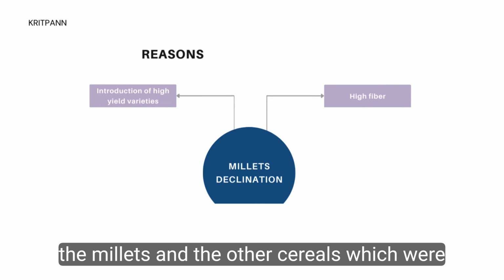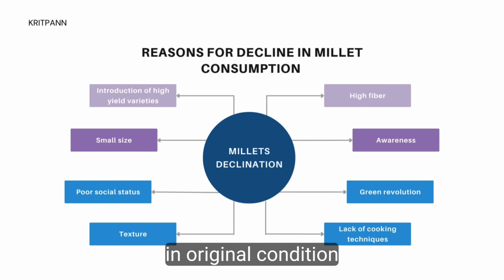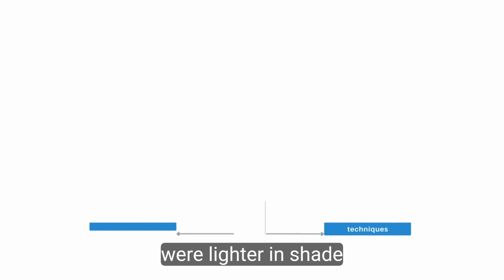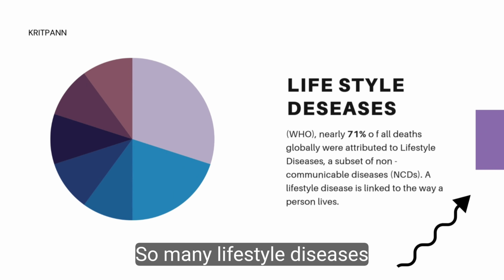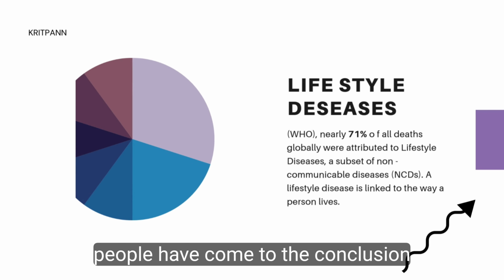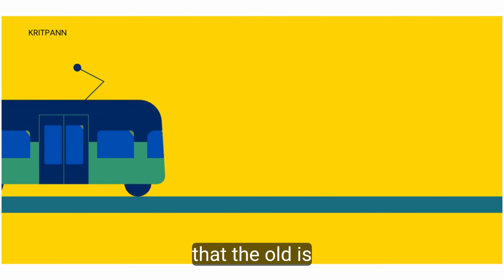Of course, the millets and other cereals which were in virginal condition were darker in shade and the modified varieties were lighter in shade. But in recent decades, after facing so many lifestyle diseases, people have come to the conclusion that the old is gold.